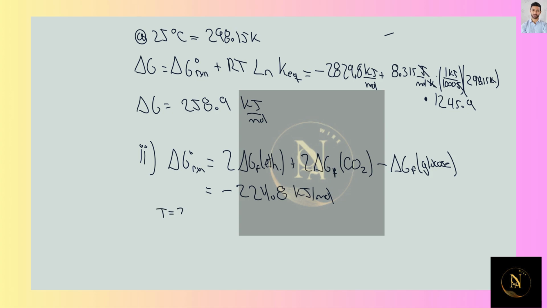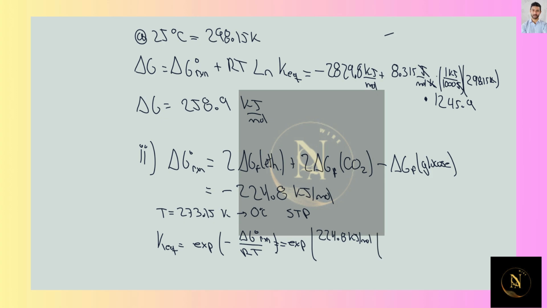Remember that the temperature in this case is 273.15 Kelvin because this is 0 degrees Celsius, the standard temperature and pressure conditions, right? So my equilibrium constant is going to be equal to the exponential of minus delta G naught of my reaction divided by RT. This is equal to the exponential of minus and minus turns into plus, 224.8 kilojoules per mole.